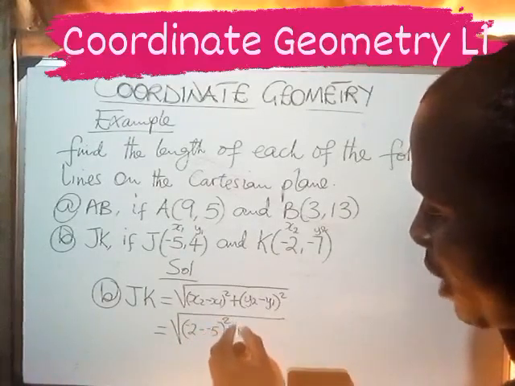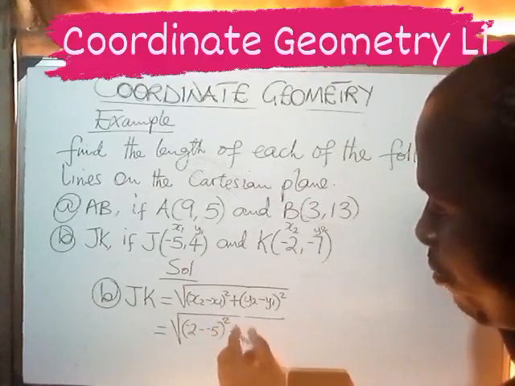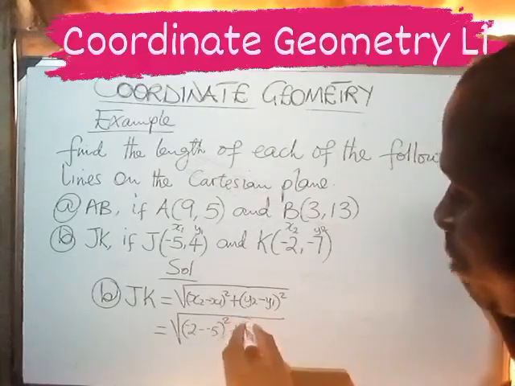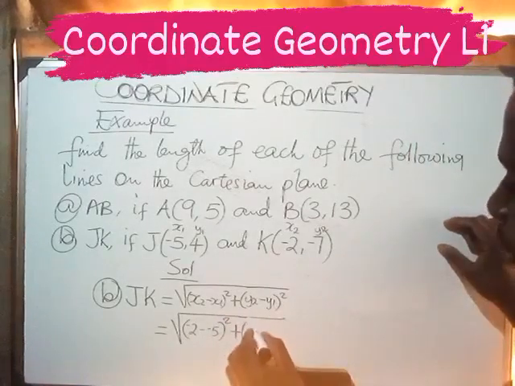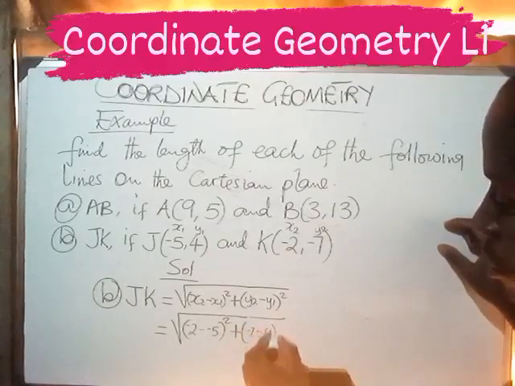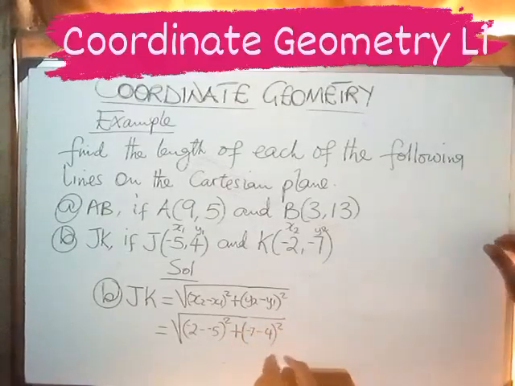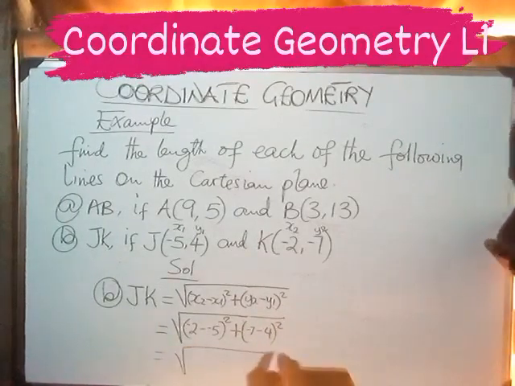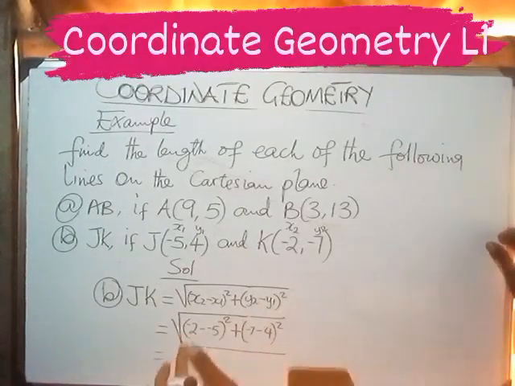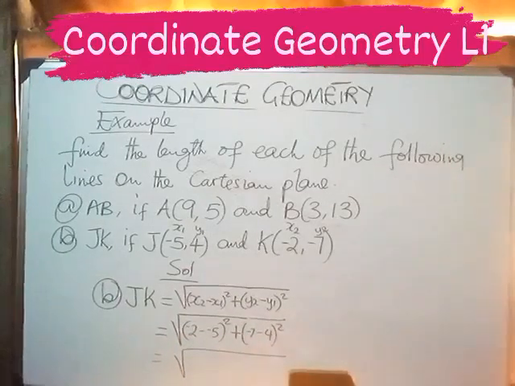Then we're going to say plus, open bracket, and write our y2, which is negative 7 minus 4. Whatever we get, we square. After this, our next step will be negative 2 minus negative 5. You know, minus, it will turn into positive because there are two consecutive like signs.